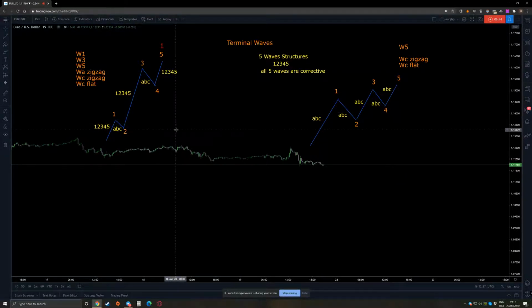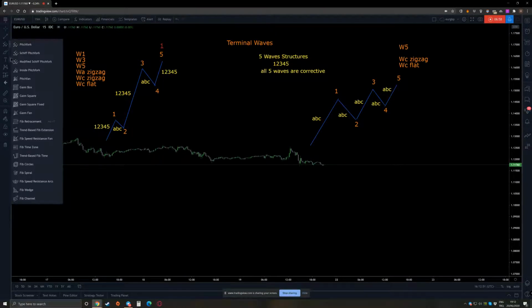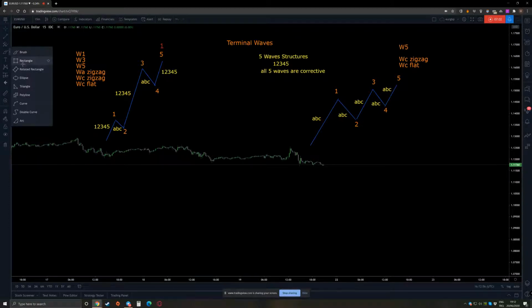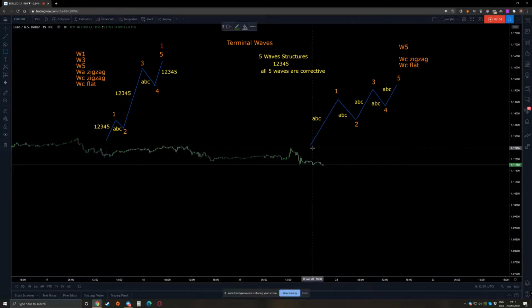Now, there is one thing that makes trading terminal waves nice for me. That is this. Whenever you trade a terminal move, you have the chance of using time and price together. What do I mean? So let's say this is the start of this terminal move, yes?